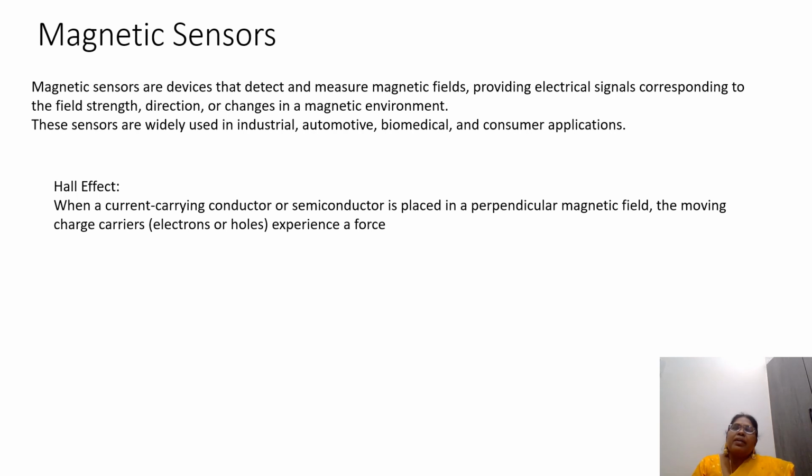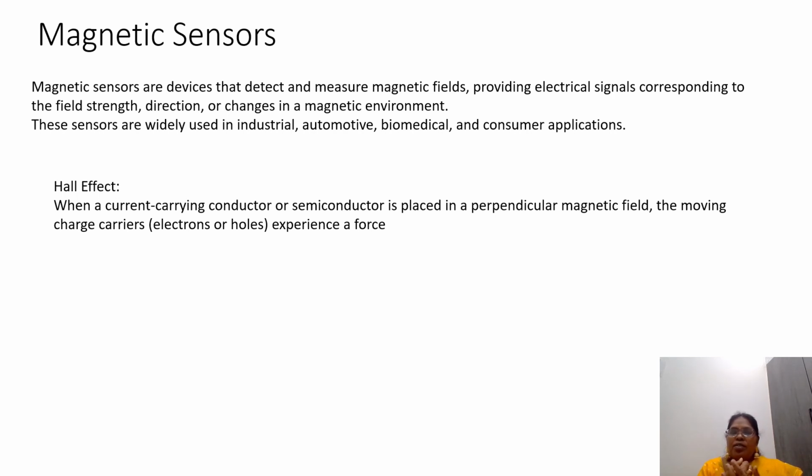So next come the magnetic sensors. In a radiation sensor, based on the radiation, you generate current. A magnetic sensor is a device used to measure the magnetic field. It measures only the magnetic field, providing electrical signals corresponding to the field strength, direction, and changes in magnetic movement.